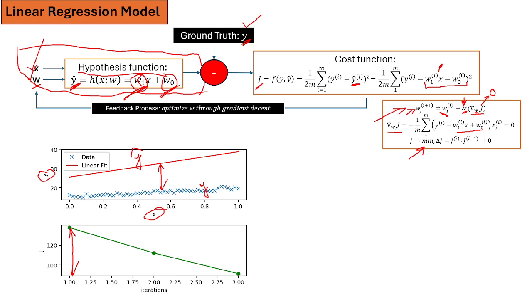So here comes our machine learning, and it becomes helpful here, where this J value is reduced, and with every iteration the value of the weights or the parameters gets improved, and this linear straight line actually changes its position based on the new values of W1 and W0.